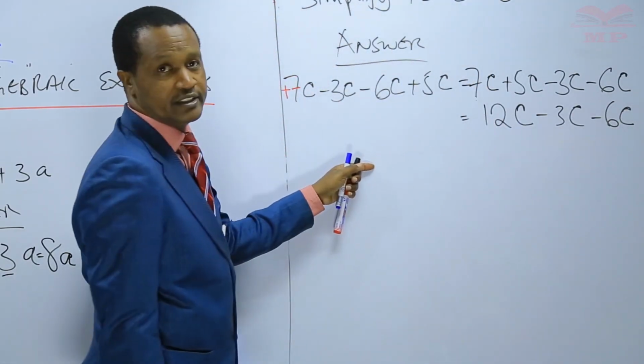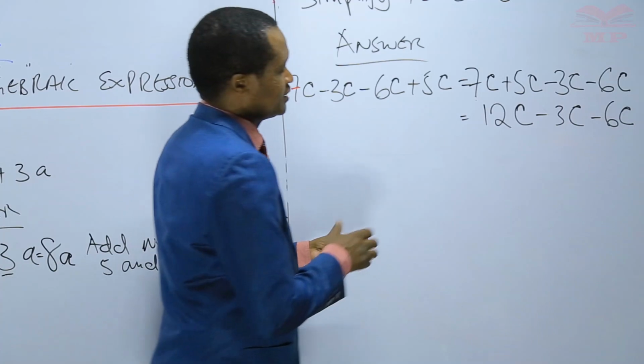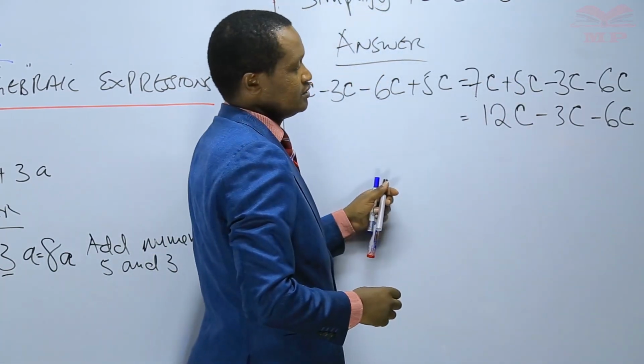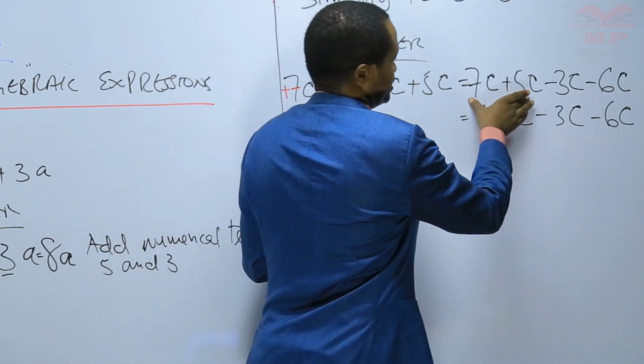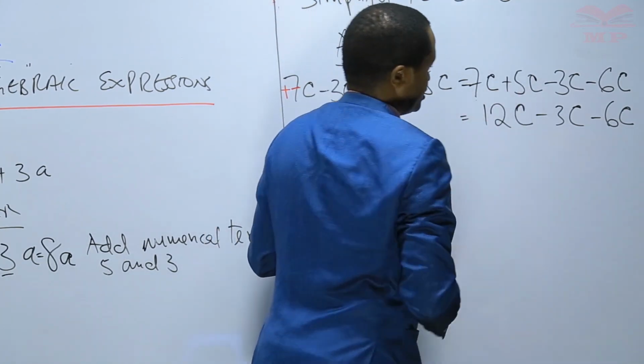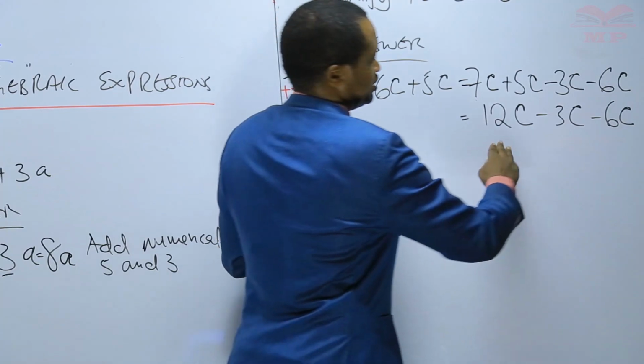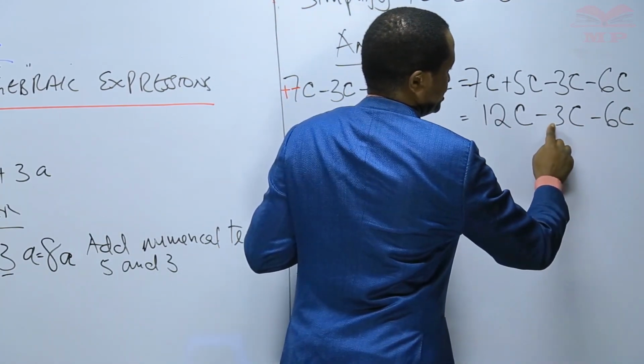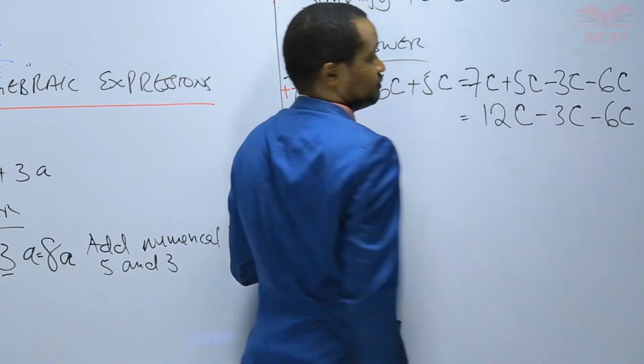So we have added first the terms that have a plus before them, this and this. Then you can see here we have negative 3c and negative 6c.